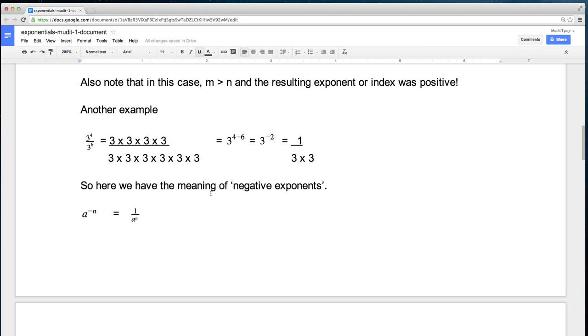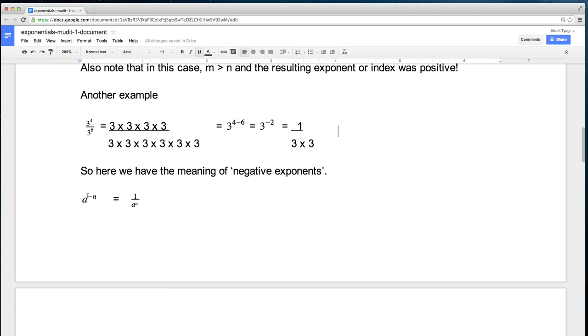And so this gives us a meaning for negative exponents. What we observe is that 3 to the minus 2 is equal to 1 over 3 to the 2. And so we can write a generic rule that a to the minus n is equal to 1 over a to the n.